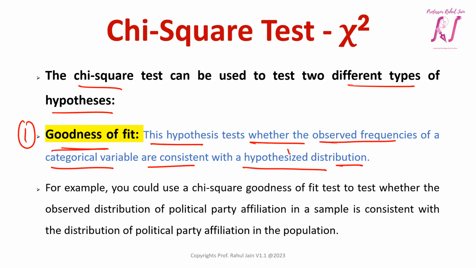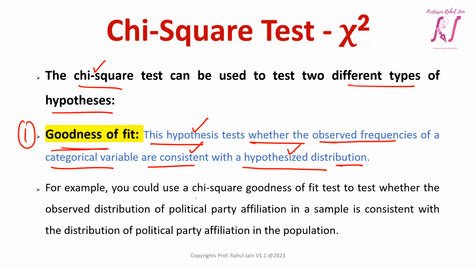So whatever hypothesis is made by the researcher, the observed frequency of the data is consistent with that or not. So the hypothesis is matching with the distribution of data or not. That is goodness of fit, right? So this is one kind of hypothesis which can be tested by the chi-square test.